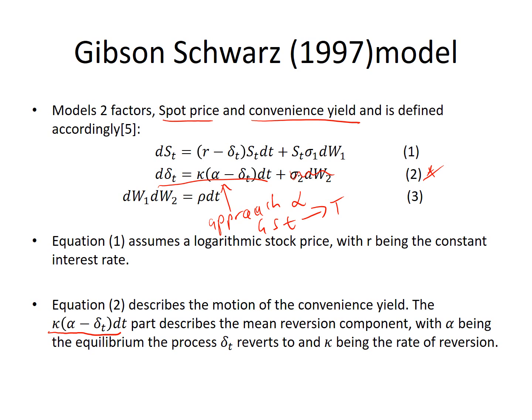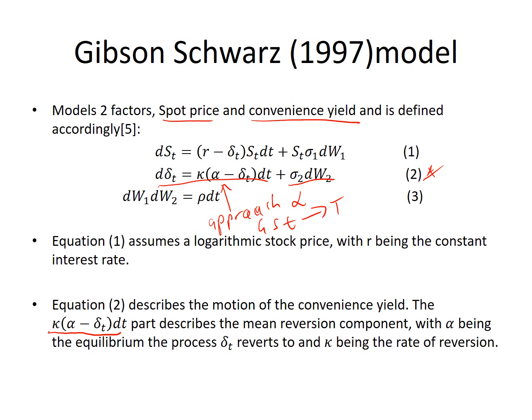But because we have this stochastic component here, it will just get closer to alpha. It won't actually approach it. So it reverts.